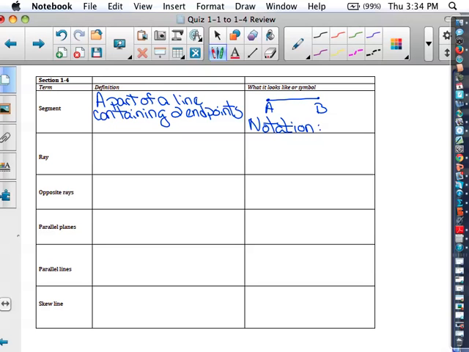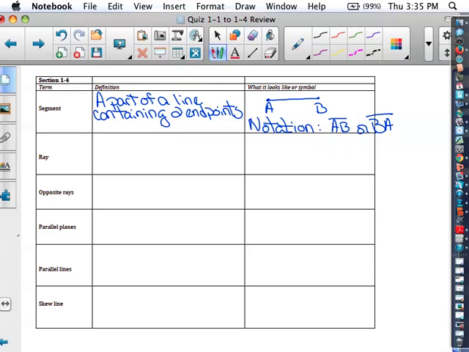The notation for that will be AB, no arrows this time, or BA. Okay, so that's the notation for a segment. You need to know the difference between a line, which continues indefinitely, and a segment, which actually has some endpoints or stopping points.